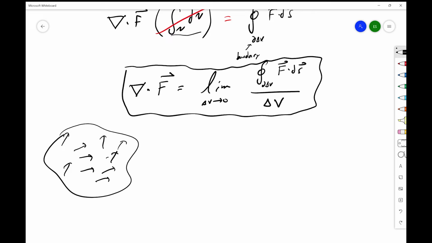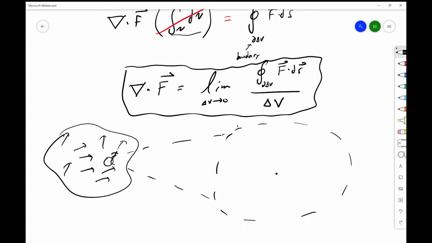And then we zoom in to a really small region of space. When we zoom in to a really small region of space, the field becomes uniform. It's similar to when you have a function that is wavy, and then you zoom in to a really small interval, and the function becomes a straight line.